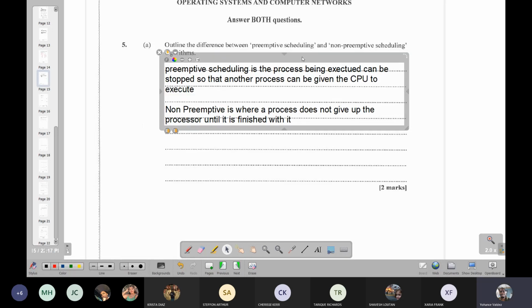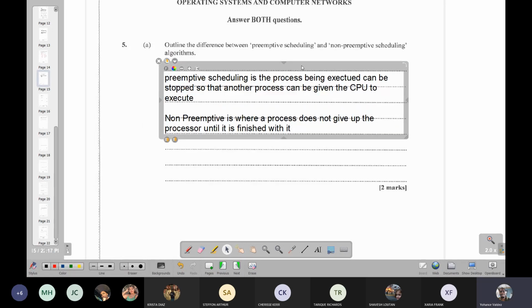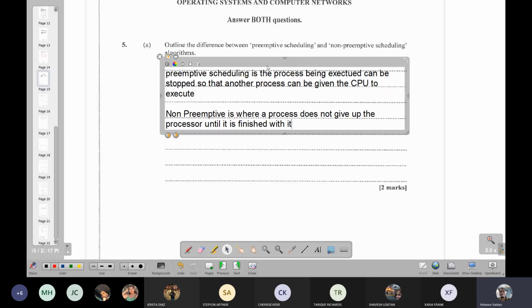So there are no interrupts in a non-preemptive scheduling system. In a preemptive scheduling system, an interrupt could stop the process, or that process could run out of time and it has to pause, whereas in a non-preemptive system, the process does not give up the processor until it's finished with it.